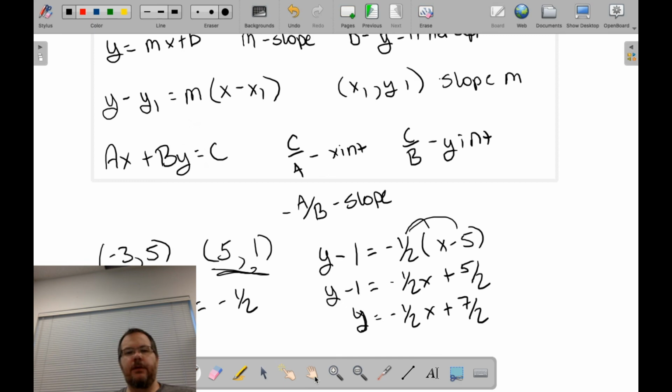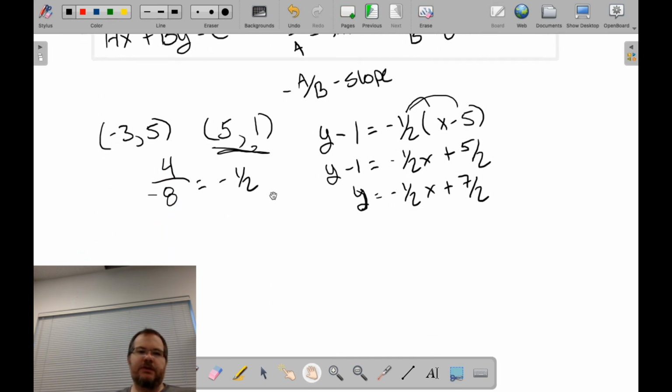Now, a few other things here. 2 last parts of the section of notes is making sure that you understand the definition and the algebraic consequences of the words parallel and perpendicular. So parallel means that 2 lines will never intersect, and they'll never intersect if they have the same slope.